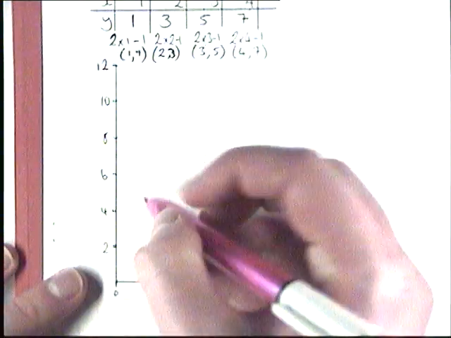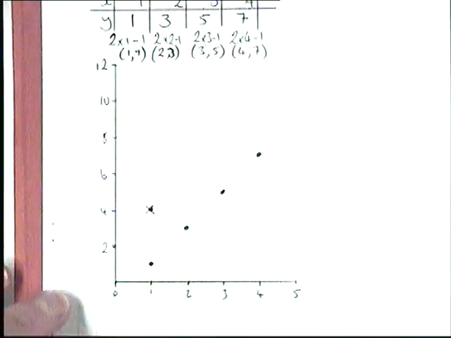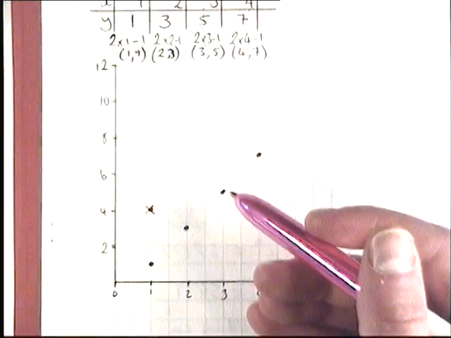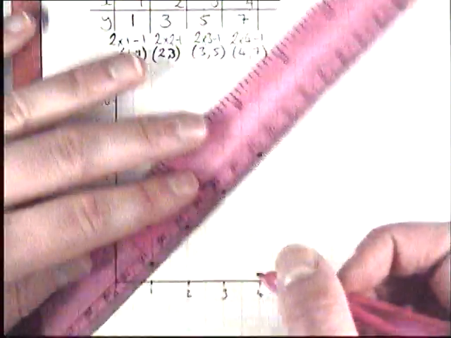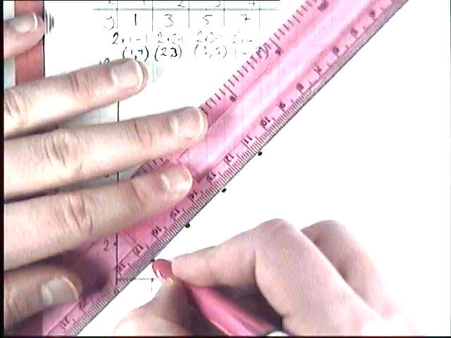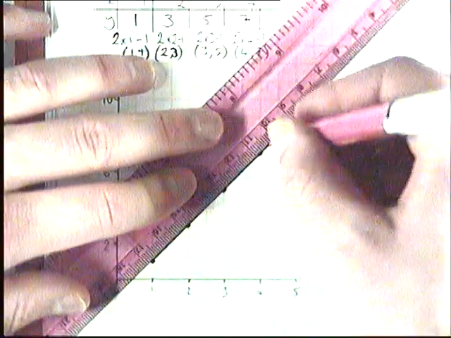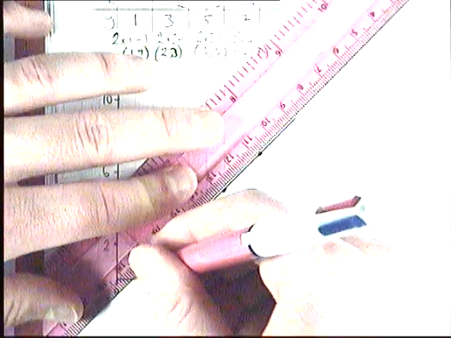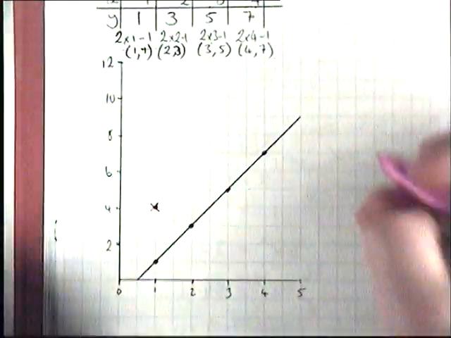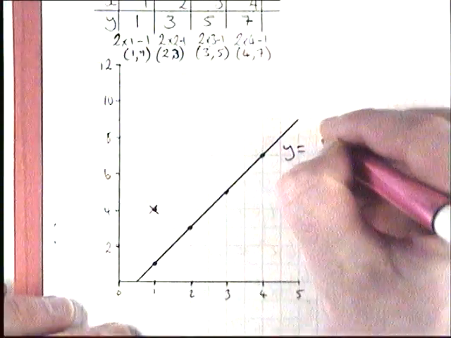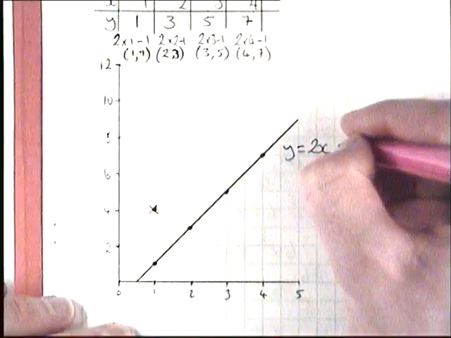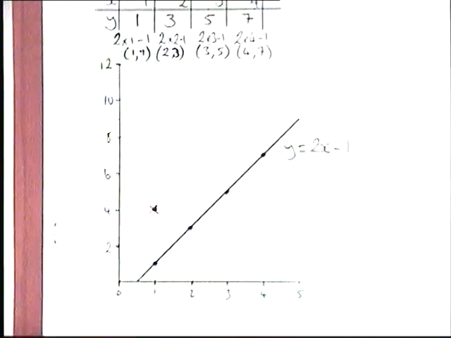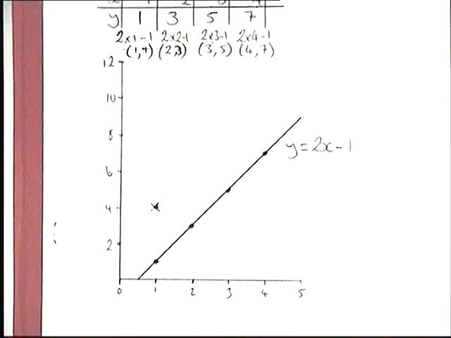So ignore that one at the start, sorry, that was my fault. And then those points we can join with our ruler to make a nice straight line. And we can label that y equals 2x minus 1. So that's what your graph should look like.